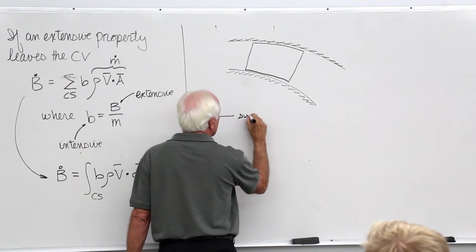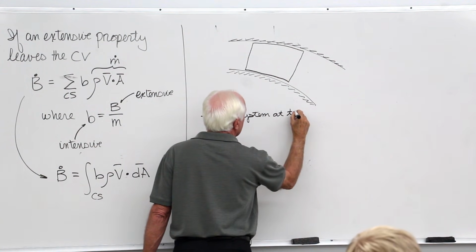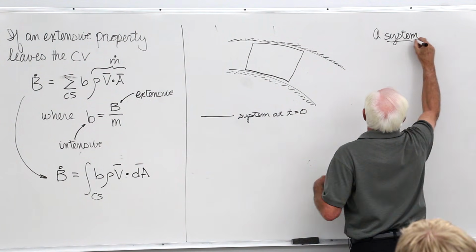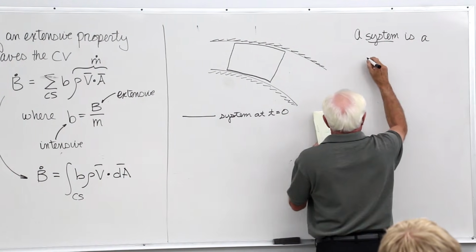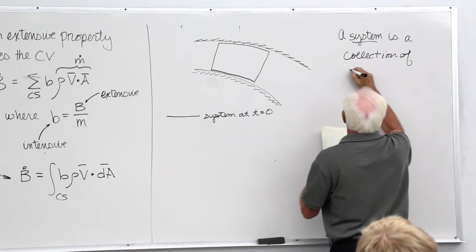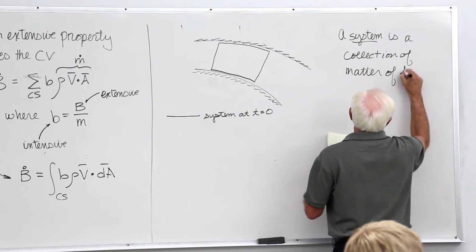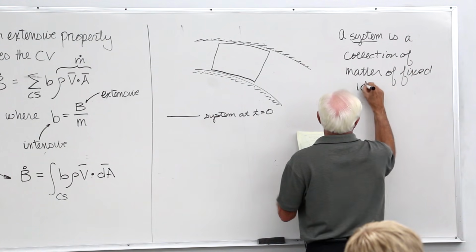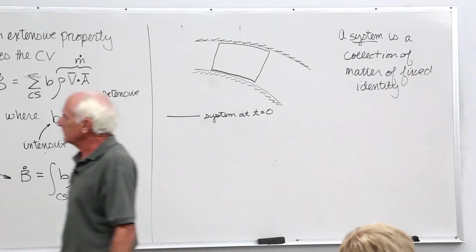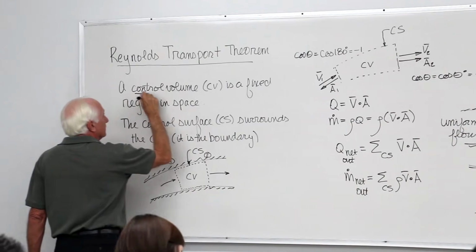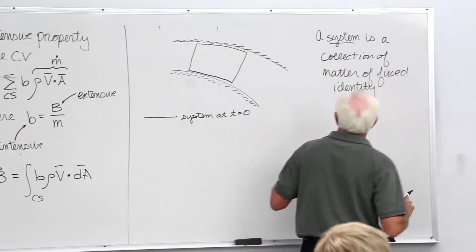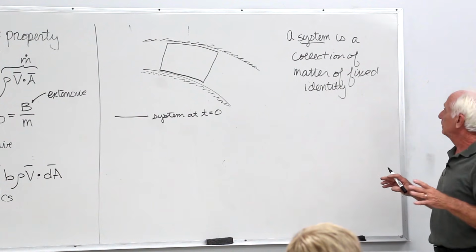Solid line is system at time t equals 0. That's a system. The control volume, a fixed region of space. A system, a collection of matter, a bunch of molecules, of fixed identity.